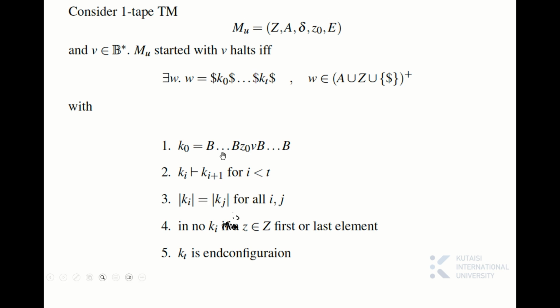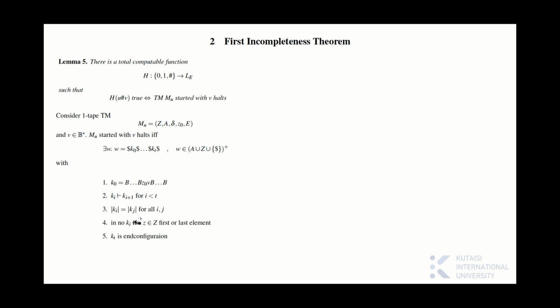I will also, in addition, assume that all configurations are of the same size. I can do this because, let's say initially I put 3 B's here, and 0, 0, 1. If I put enough B's here, I will never go beyond the B's.